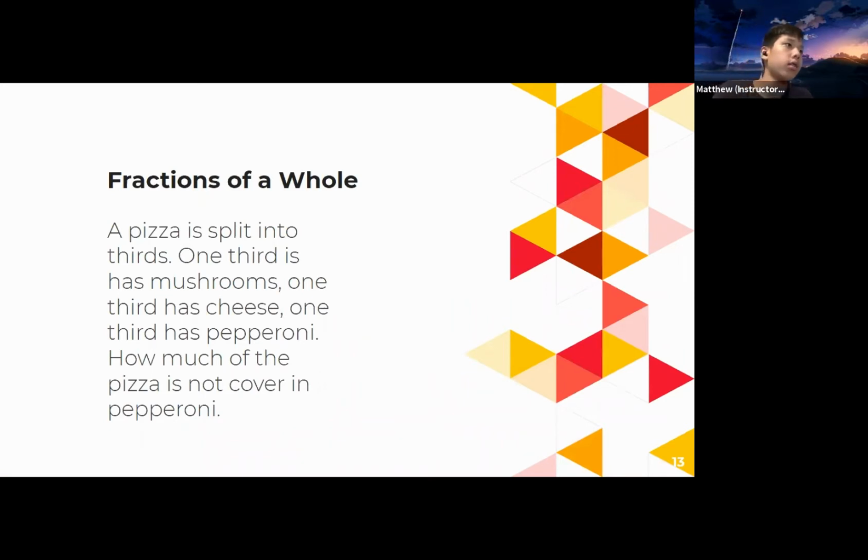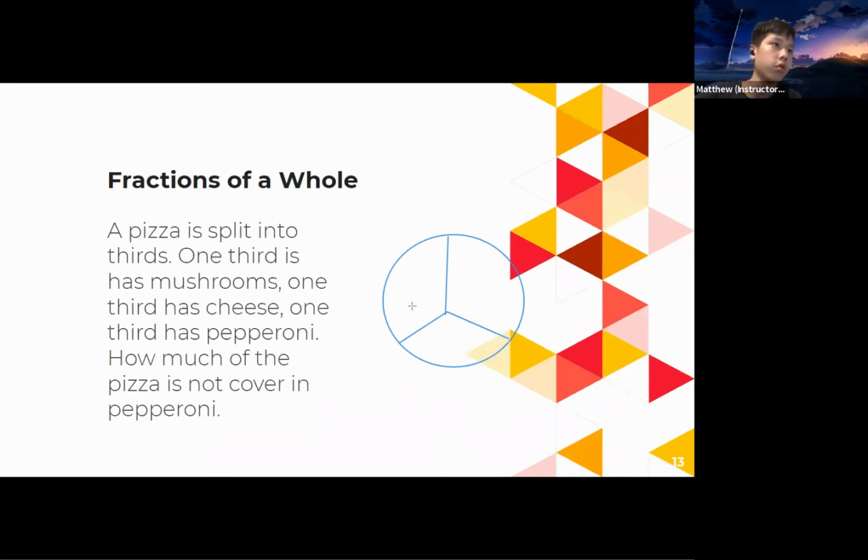Say you have a pizza split into thirds. Here, a single pizza split into thirds. That's not a very good third, but it should do.